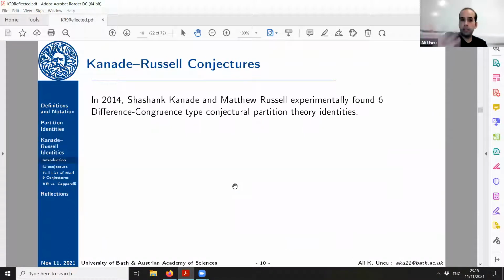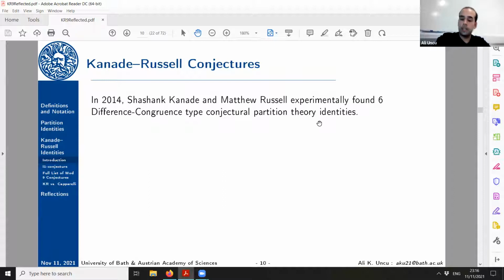And in 2014, Shashank Kanade and Matthew Russell, I at least know Matthew Russell is in the audience. Yeah, so they experimentally found 6 different congruence type conjectural partition identities. They did a big enumeration of partitions with difference conditions, created truncated series generating functions, and checked if they factor nicely.